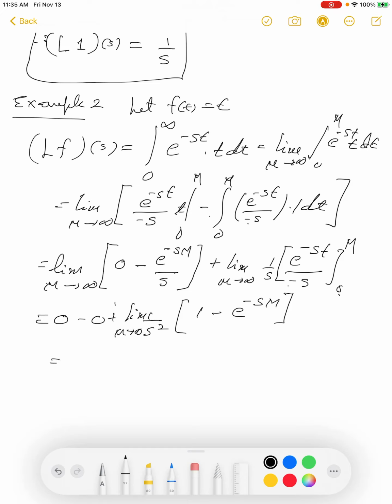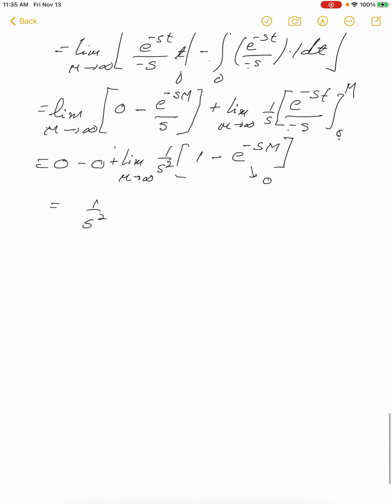So this is going to give you just 1 over s square, because this limit will tend to 0.